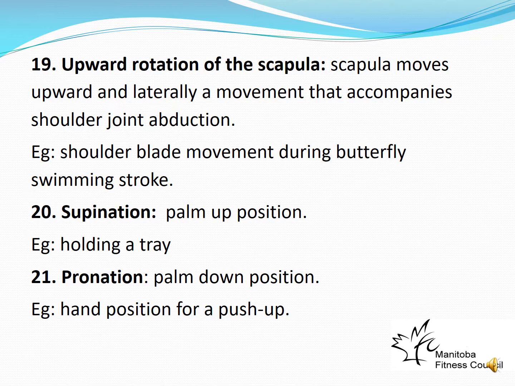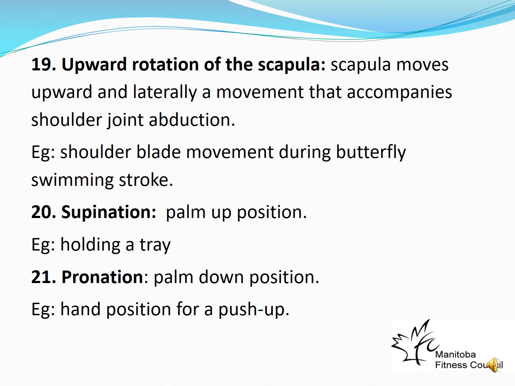So scapular movement that's upward and laterally that accompanies shoulder joint abduction. So once again, to create upward rotation of the scapula, the easiest way is to actually abduct your shoulder joint, so your humerus will be moving away and up, and once it reaches a certain point, you get upward rotation of the scapula. Don't worry too much about that one.